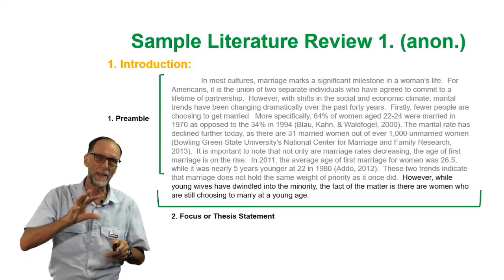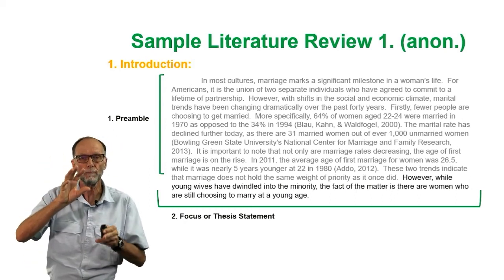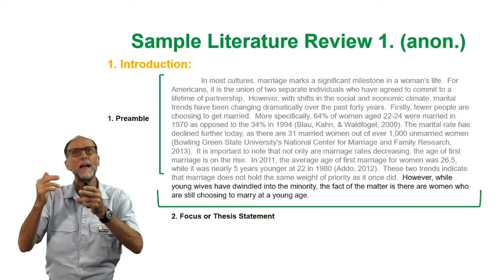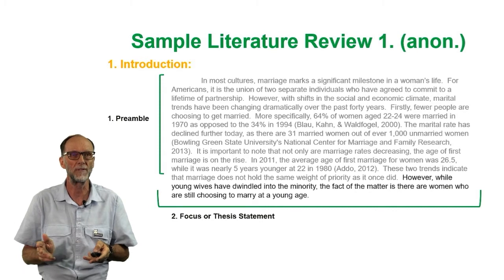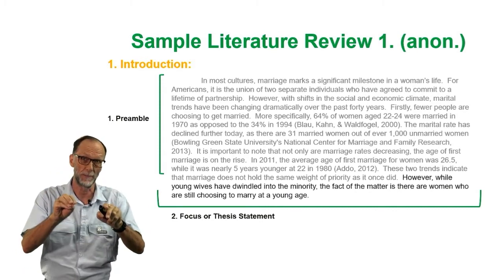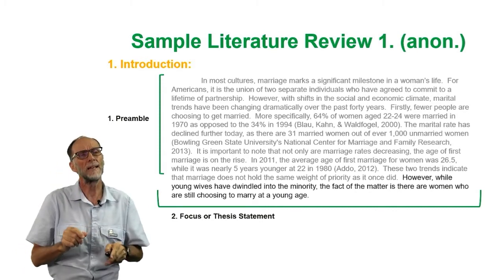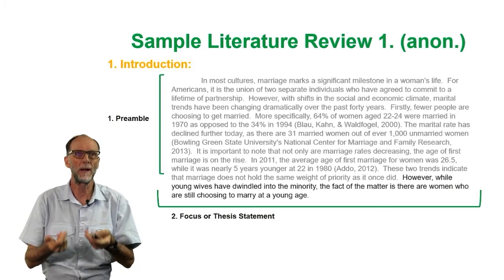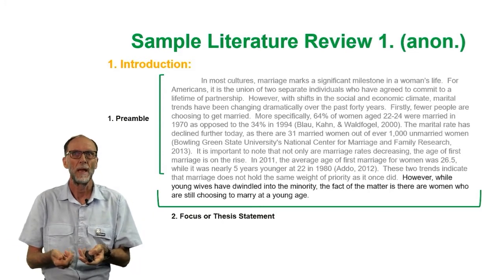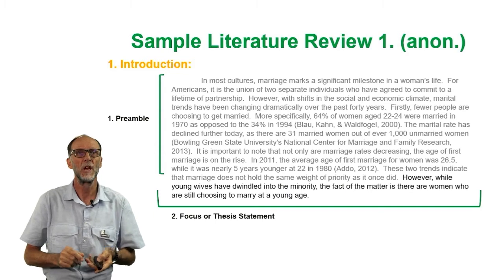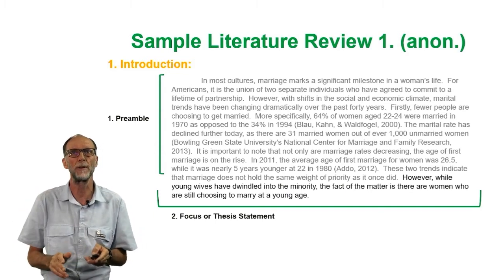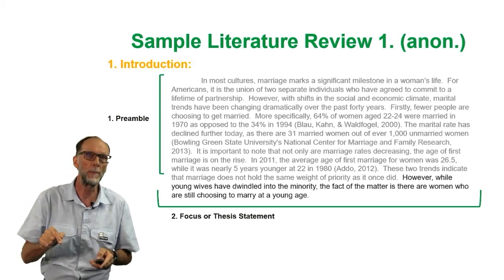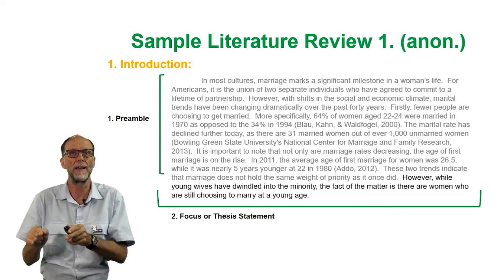So the first part is the background or the introduction, and then the last sentence, which starts, "However, while young wives," is the actual focus. In this case, it's talking about women who are getting married very young. As you can see in the last sentence, while young wives have dwindled, meaning gotten fewer and fewer in the minority, the fact is women are still choosing to marry at a young age.